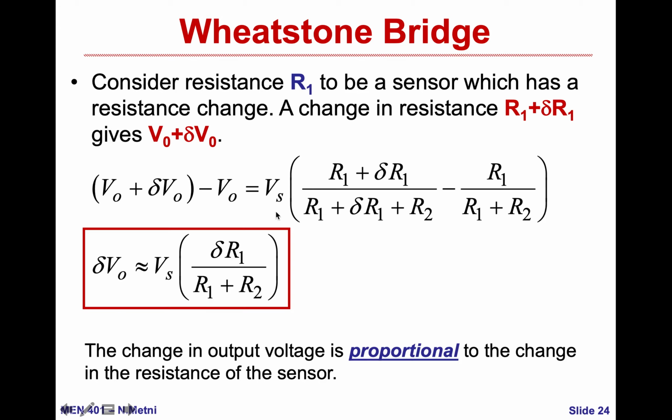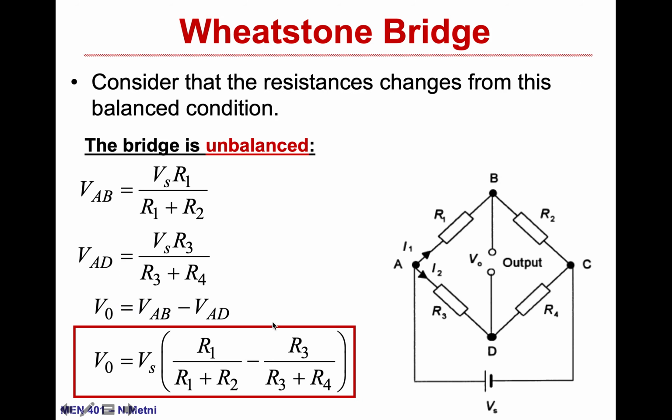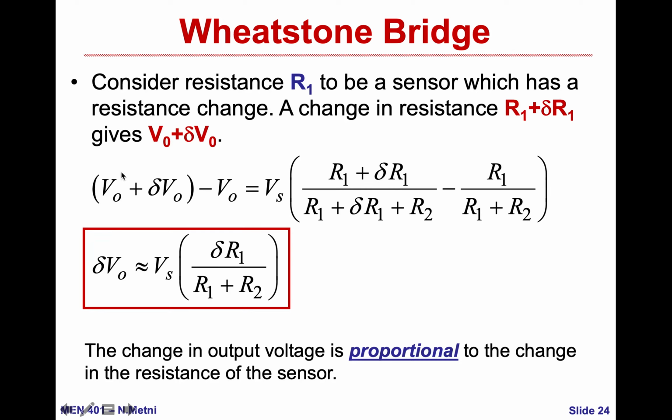So it is equal to Vs times R1 plus delta R1 over R1 plus all of this, minus R1 over R1 plus R2, and this can be replaced by R3 over R3 plus R4 since this is balanced. If you do the formula and you take V0 plus delta V0 and then you take V0, this term is constant in the two cases, so it will be removed. So I will stop here and let us analyze this equation.